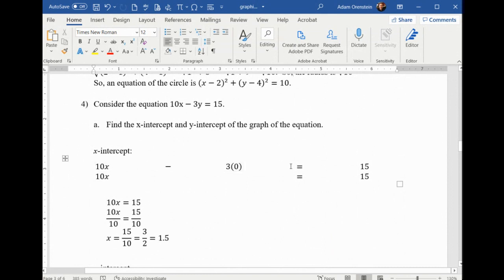So we get 10 times x equals 15, right? Because when you set y to be 0, the 3y part is gone. So you divide by 10, because we want to get x, and we get x is 15 over 10, which is 3 over 2, which is, of course, 1.5.